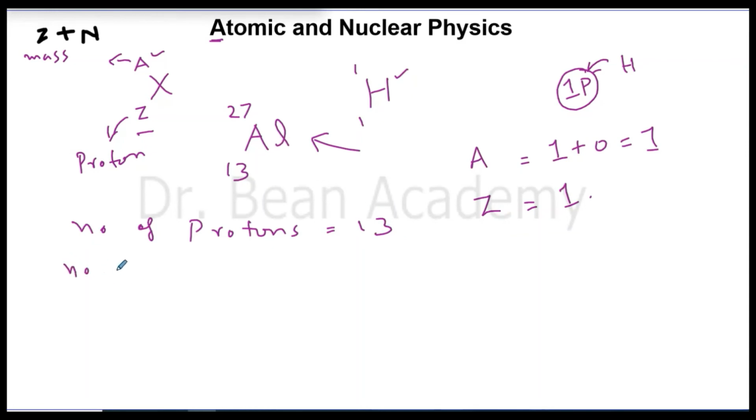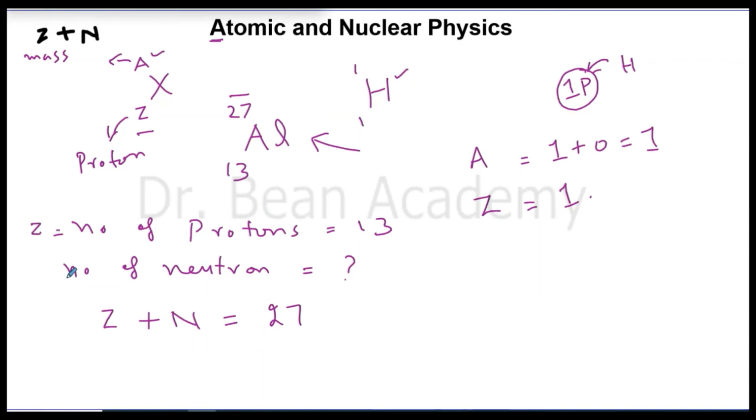So how can I find the number of neutrons in the nucleus of aluminum? How can I find that? You know that the mass number is the sum of proton and neutron numbers, which is equal to 27. And now you know Z, the number of protons.